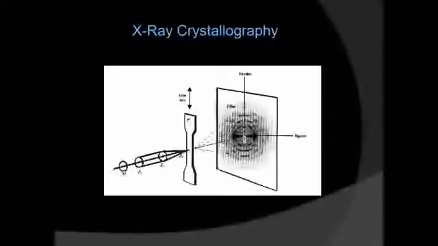This is the principle of X-ray crystallography, whereas the suspension of the biomolecule is placed in the middle, from which the X-rays pass, and they then get diffracted onto a film, and the image on the film is actually what the structure of the diffracting biomolecule is.